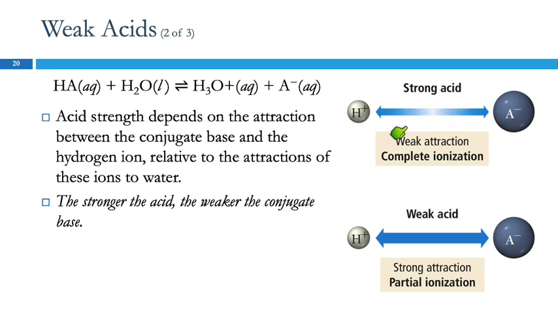Because that's a weak attraction, it's a strong acid. So I'm sorry if the opposite strong-weak thing is confusing. I think it's confusing too. In a weak acid, the attraction between the hydrogen ion and the conjugate base is stronger. So fluoride, being more electronegative, and small, is going to have a stronger attraction to the hydrogen ion. So some of it will give up its hydrogen ion, but not all of it.